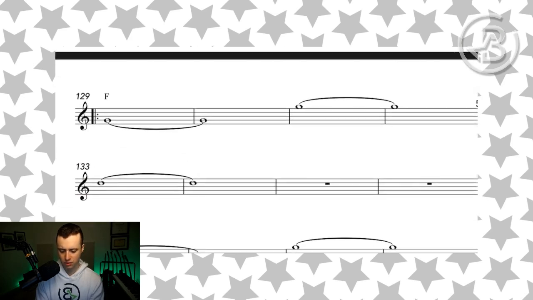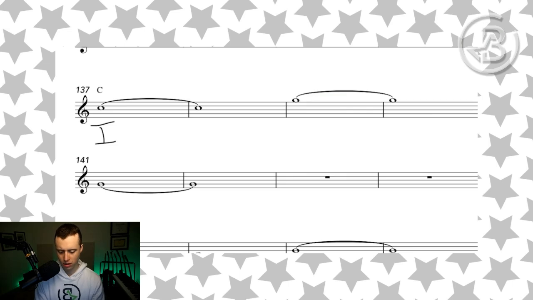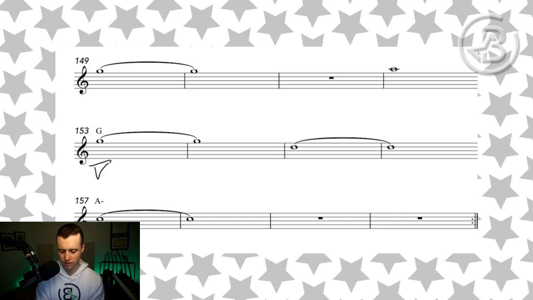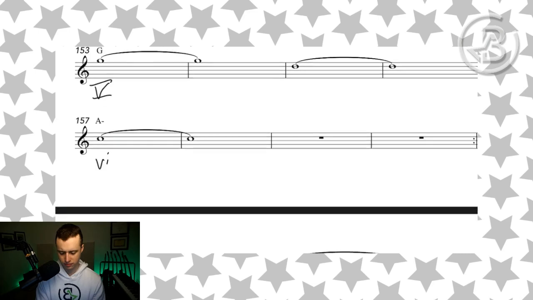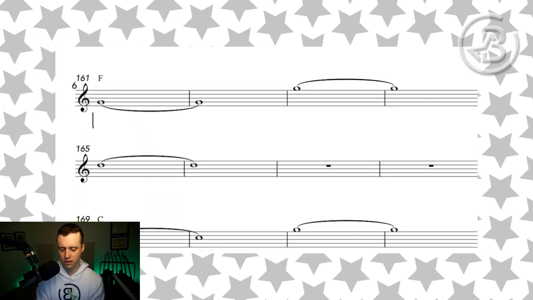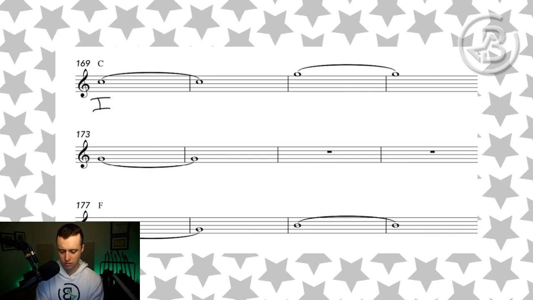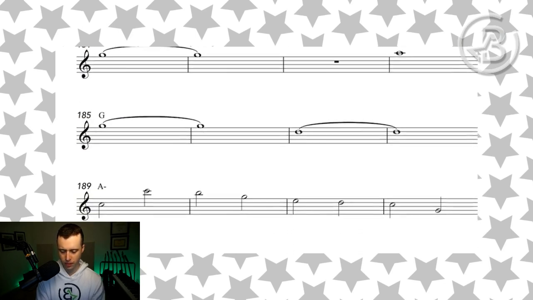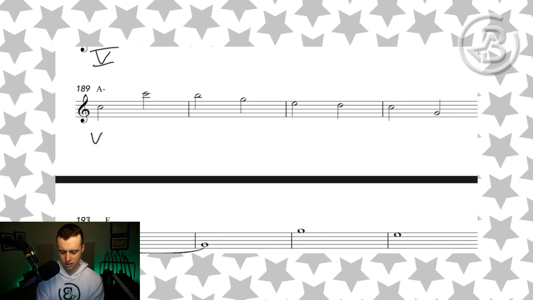Then we're back to 4. 1. 145, F is 4. 153, G is 5. 157, A minor is 6. 161, F is 4. 169 is 1. 177 is 4. 185 is 5. 189 is 6.